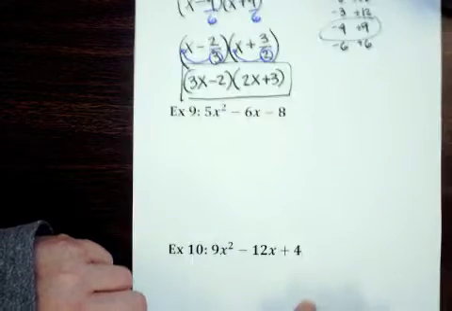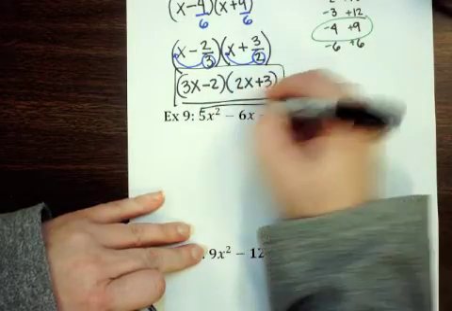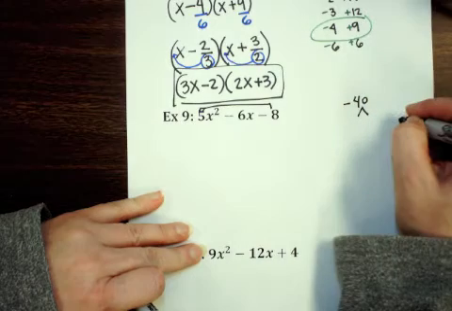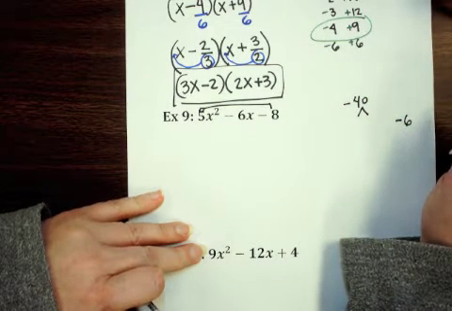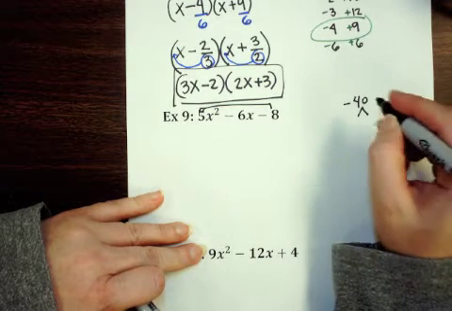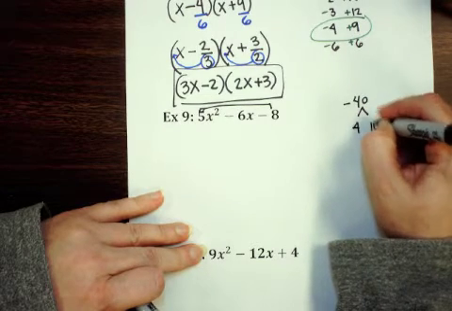Okay, example 9. What multiplies to give you negative 40, but adds to give you negative 6? Okay. So I know that the numbers that give me 40 are going to be 4 and 10.